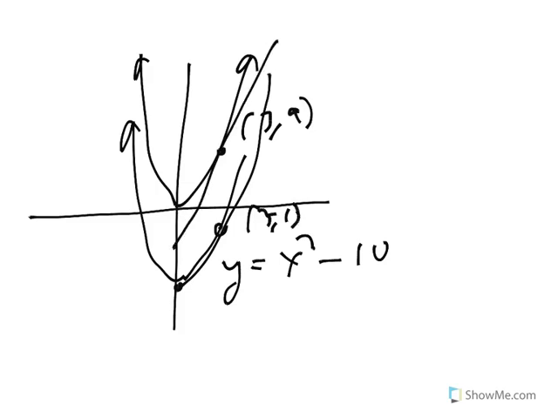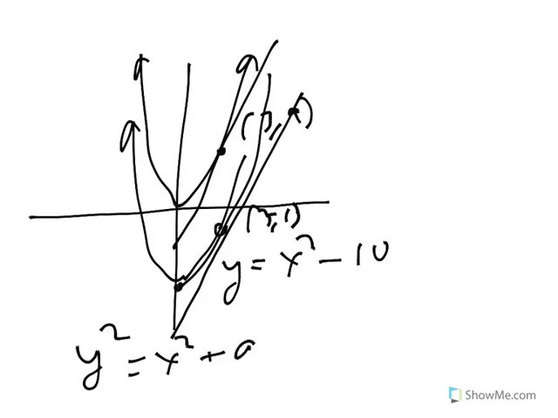Slope of the tangent is 6. The tangent is just shifted down, so the tangent doesn't change its slope. So this rule is going to be, no matter what, if I have y equals x squared plus whatever, then the slope at x is 2x. I'll write x squared plus a.